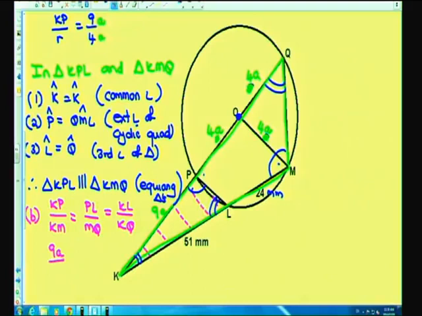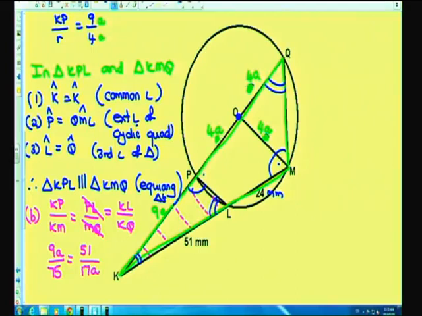KM is 24 plus 51, so it's 75. PL I don't know anything about. MQ I know nothing about. KL I know is 51. And KQ is that whole length, which will be 9 plus 4 plus 4, so it will be 17a.